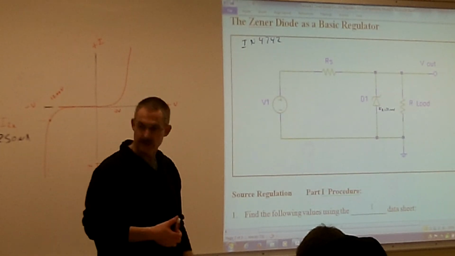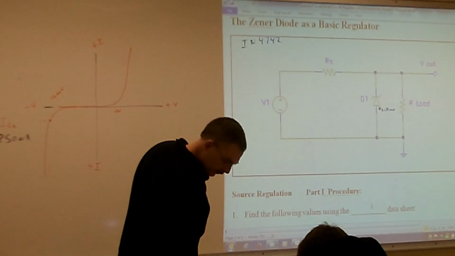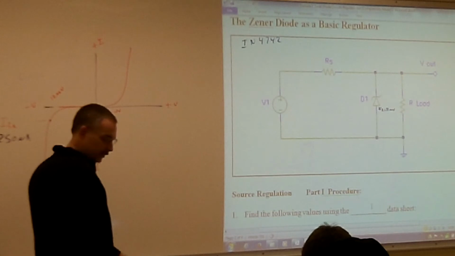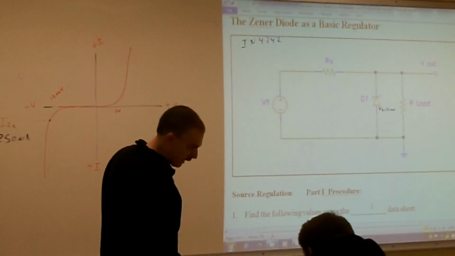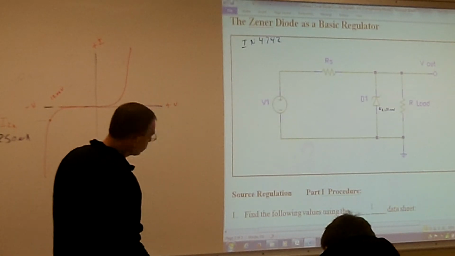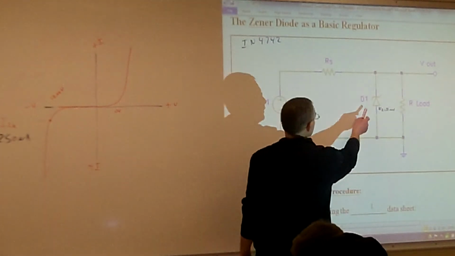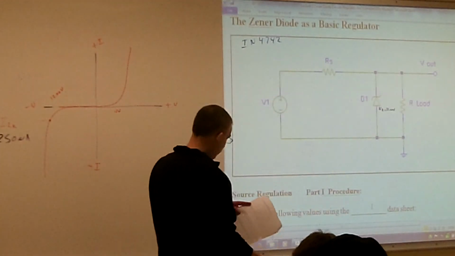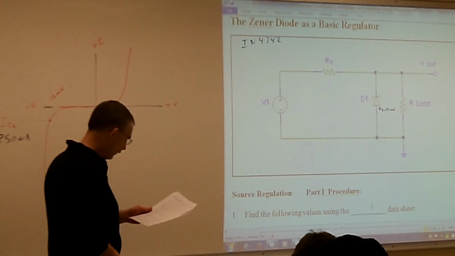Is it 1? Yeah, 1 watt, right up towards the top. So no matter what my Zener voltage is, any one of those in that family of Zeners is going to be 1 watt. That's my maximum power across this diode without damaging it. So my power dissipation is 1 watt.